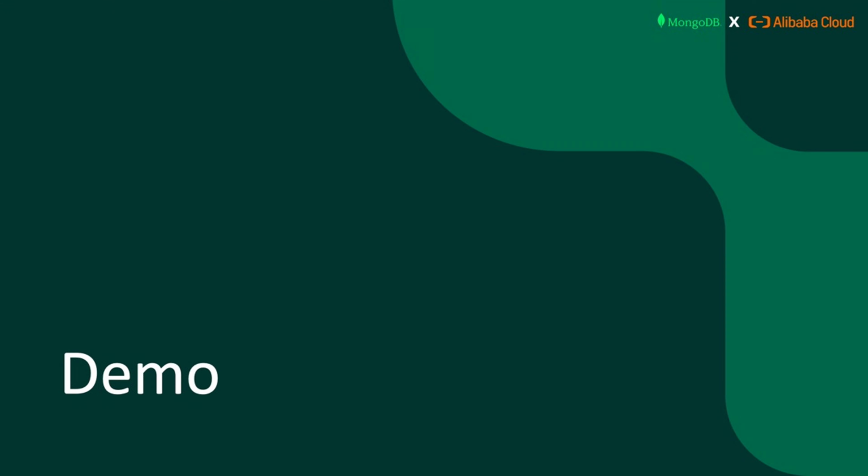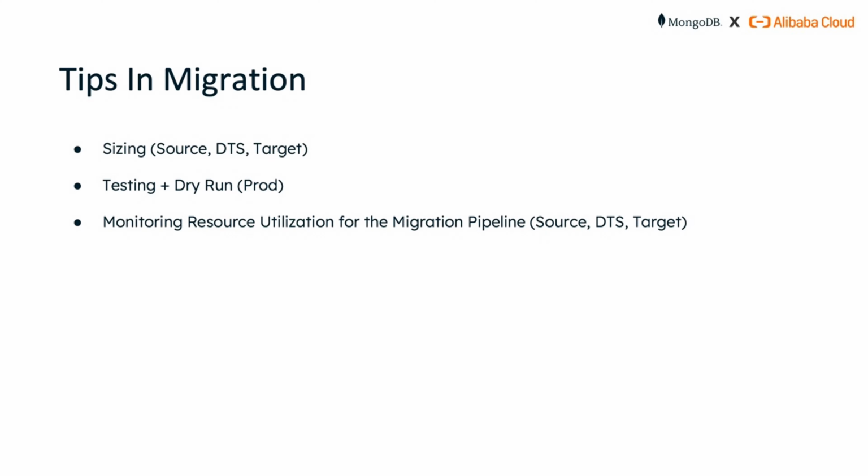Let's go back to the deck, the tips in the migration. So there are 3 tips. First is sizing. You must properly size your source DocumentDB, DTS, and target. The second is that testing and dry run are mandatory, which is very important. Thorough testing in a lower environment is crucial to validate the verification plan and ensure everything works as expected.